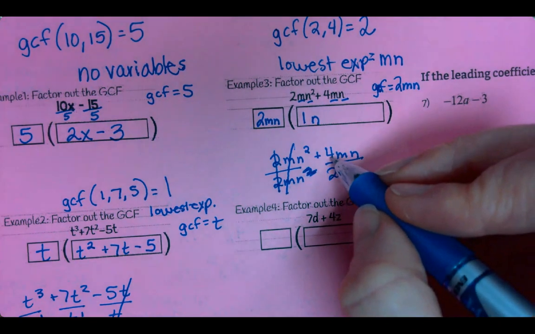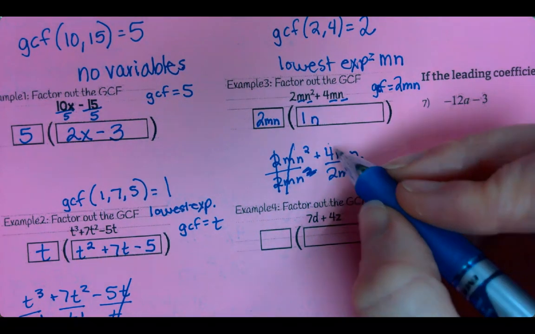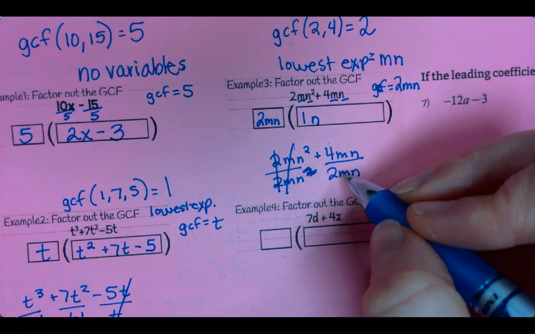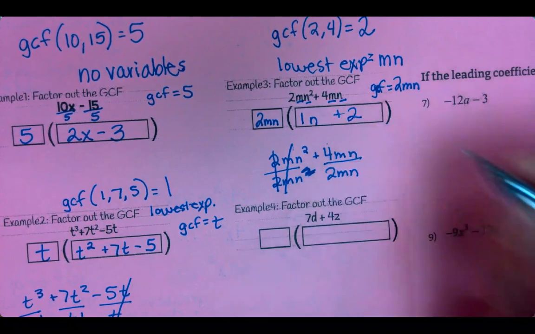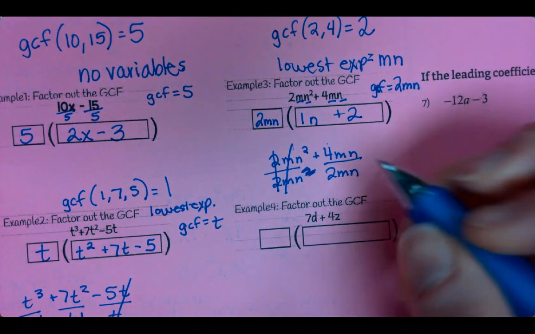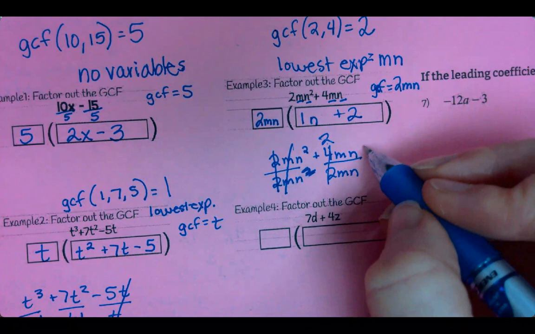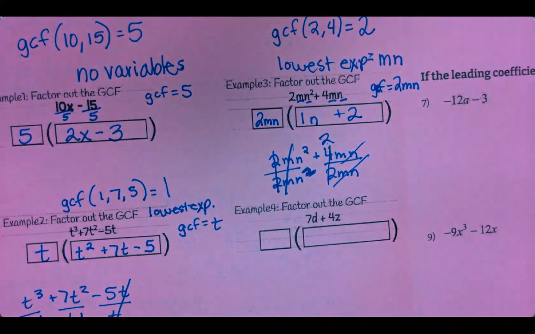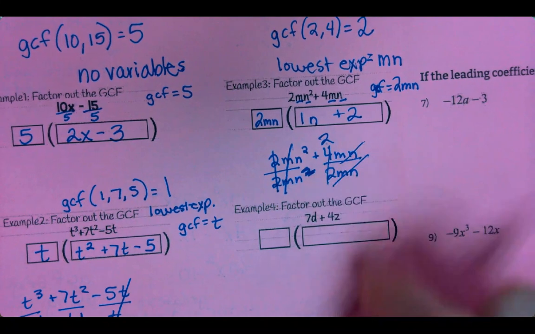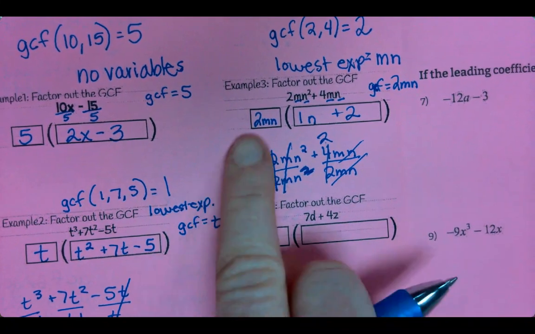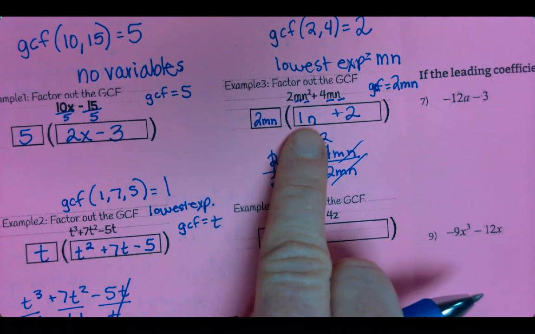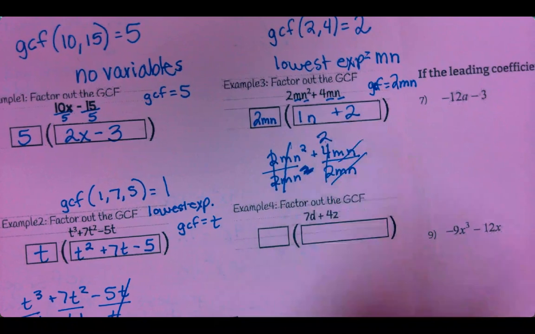Then look at your numbers. 4 over 2. What's 4 divided by 2? 2. Yep, so plus 2. That's going to equal 2. And then what about m and n? Something over itself cancels. So that's what we're left with. M and n cancel. So this is what we're left with. 2mn, parentheses, 1n plus 2.